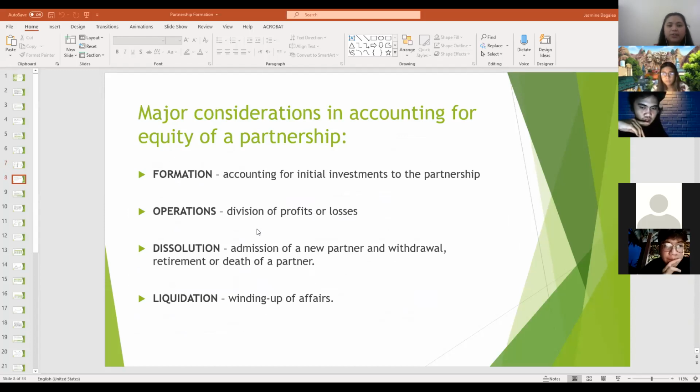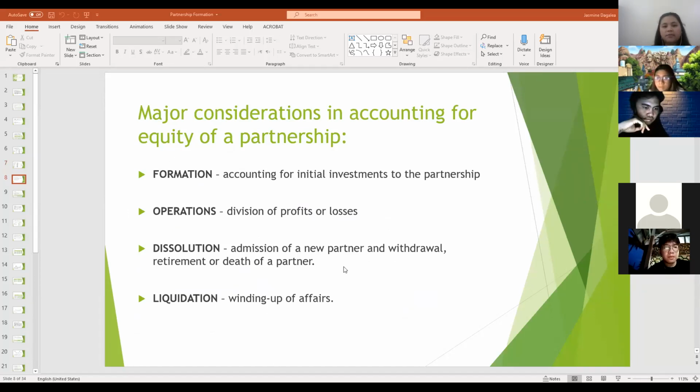So what are the major considerations in accounting for the equity of a partnership? First, you have formation, the accounting for initial investments to the partnership. And you have operations, the division of profits or losses, the dissolution, the admission of a new partner and withdrawal, retirement or death of a partner, and liquidation, the winding up of affairs.